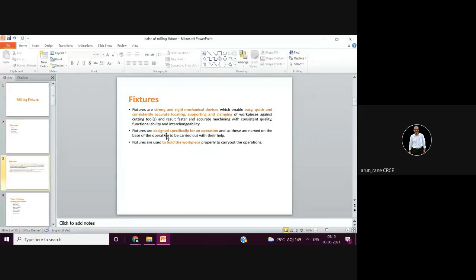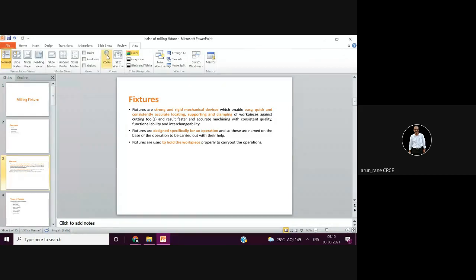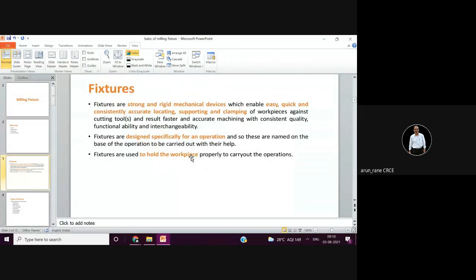Fixtures are strong and rigid mechanical devices. With them you have very easy, quick, and consistent work.